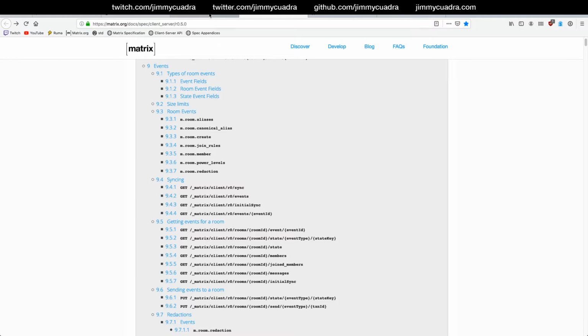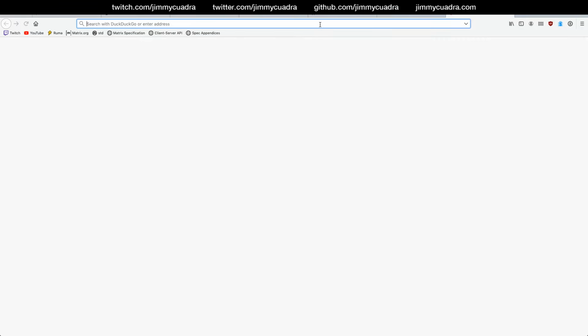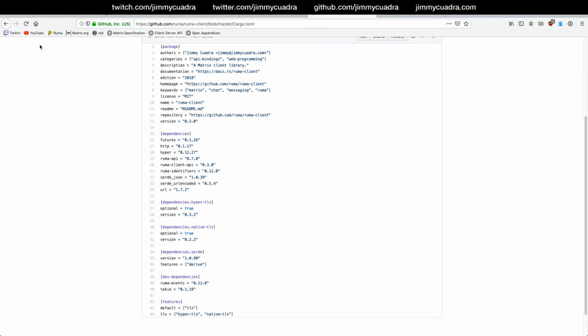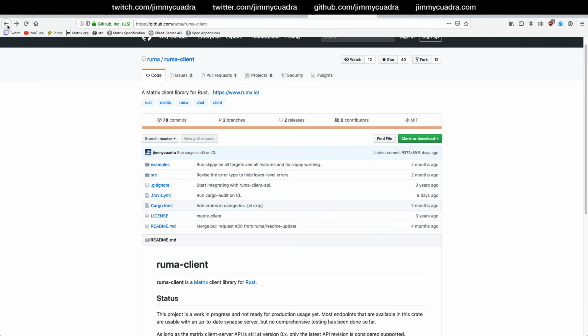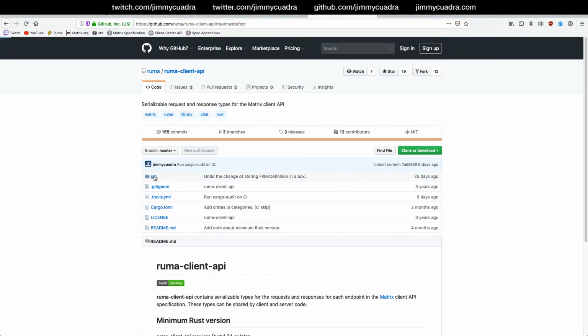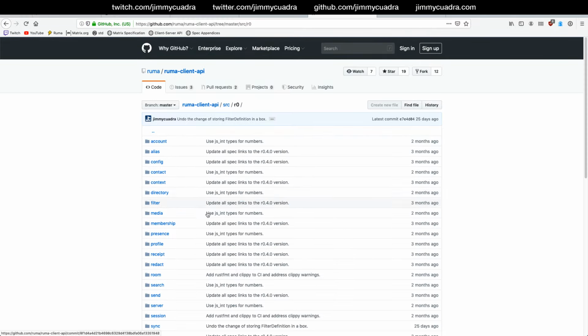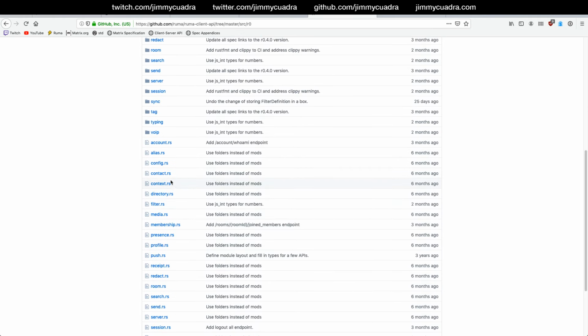And then we have this other library called Ruma Client API. Ruma Client uses Ruma Client API, and this is the library that uses the Ruma API macro.